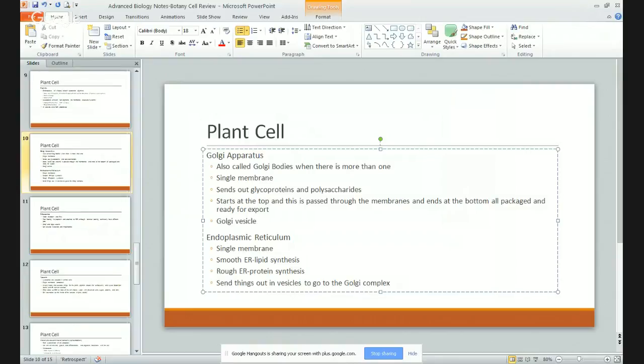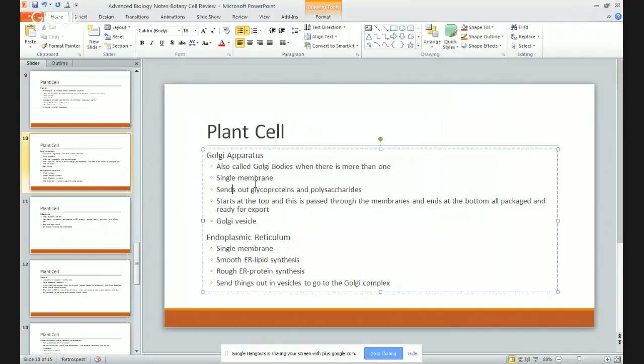On my picture that I've drawn on the backside of your diagrams or your doodles, I've drawn the Golgi body, and you can see that it kind of looks like a stack of pancakes, with the smaller one being on top. It's just a series of membranes, and your glycoprotein or polysaccharide is going to come into the top part, or the smaller area, and is then going to be passed through the membranes and end up at the very bottom, packaged.